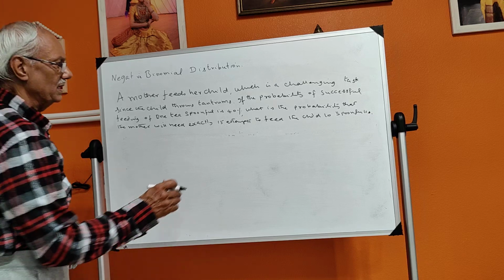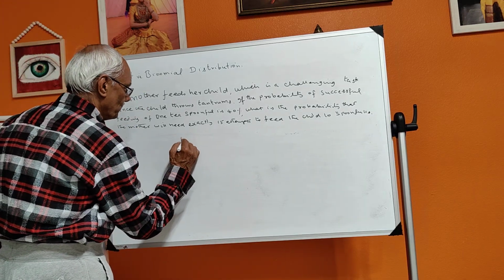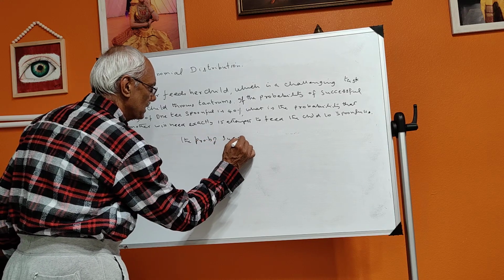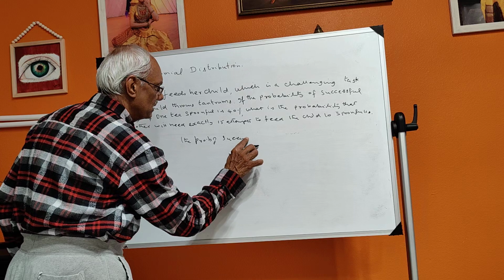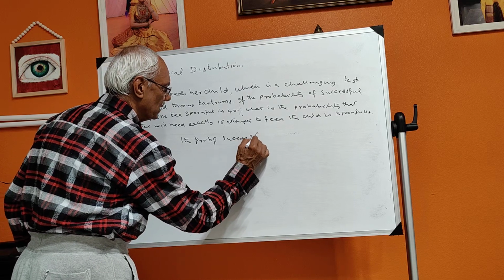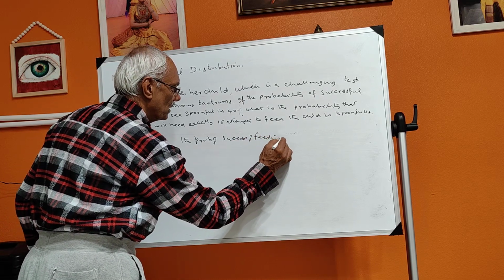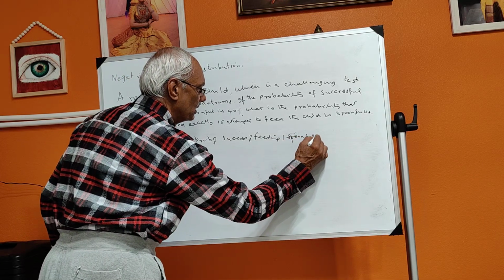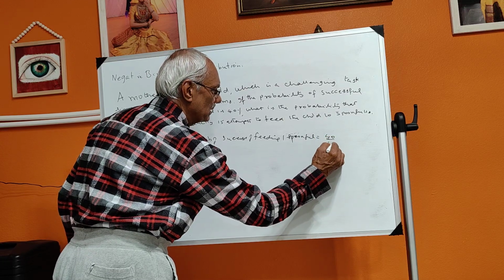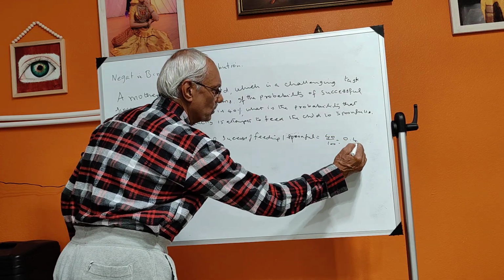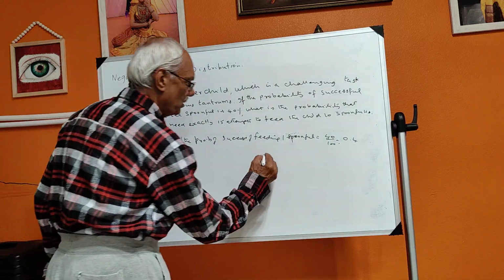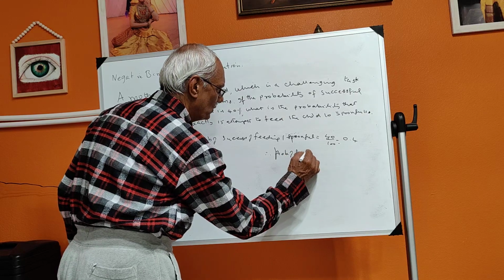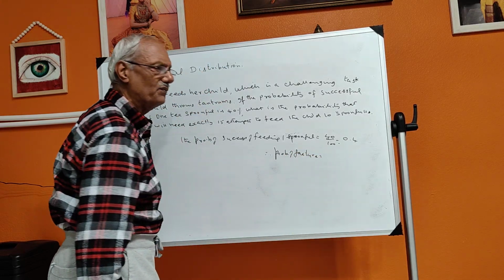The probability of success of feeding 1 spoonful is equal to 40%, that is 0.4.